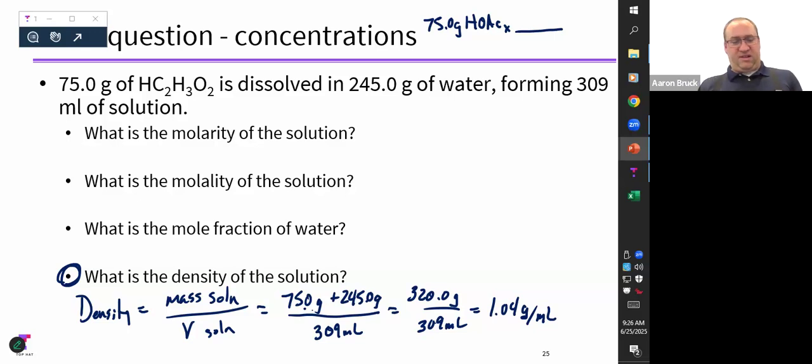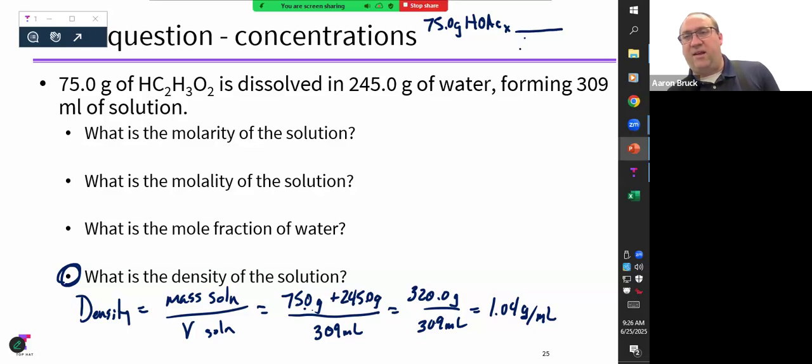And oxygen 16, and there are two of them. 60.06 is my molar mass. And so to three significant figures, 75 divided by 60.06, 1.25 moles.